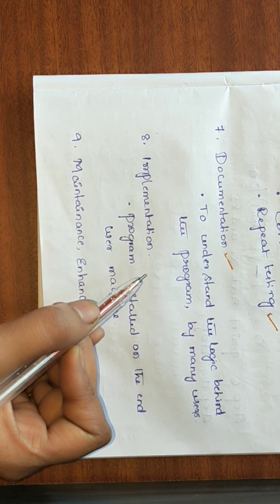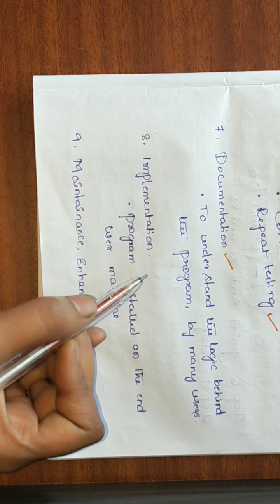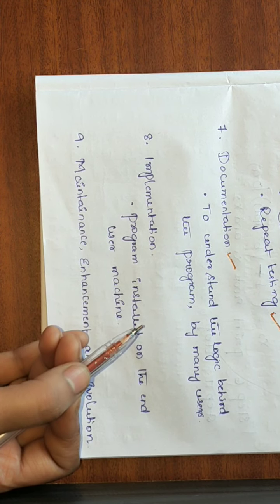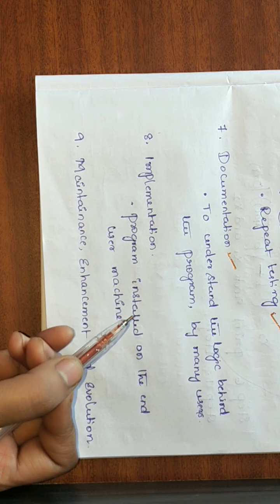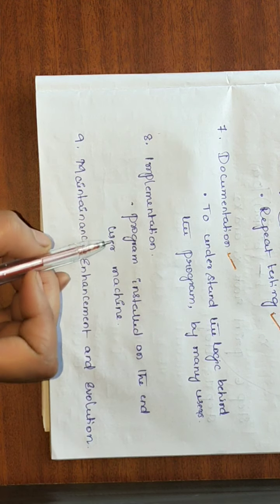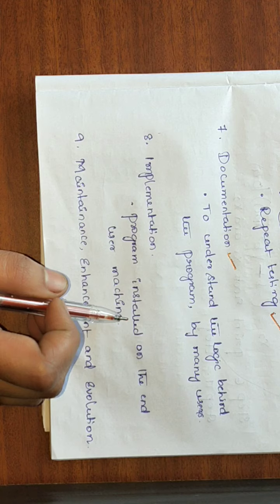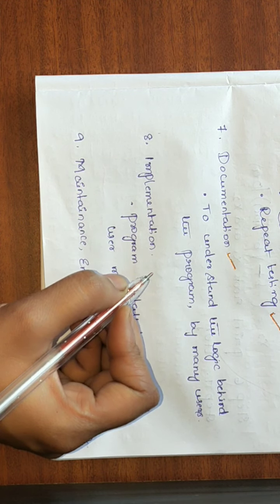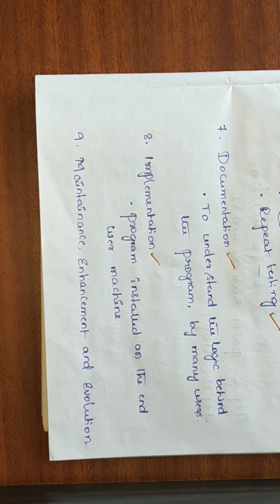In that bank they may install that software in their system, or the customer may also install that application. One more example we can take is a library application. For managing the books in the library, we can write an application program. That also gets implemented once it is done with all these steps. If the program is running successfully, we can install it. So that is the implementation part.